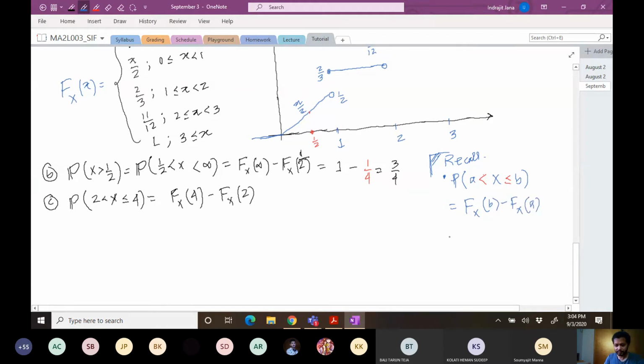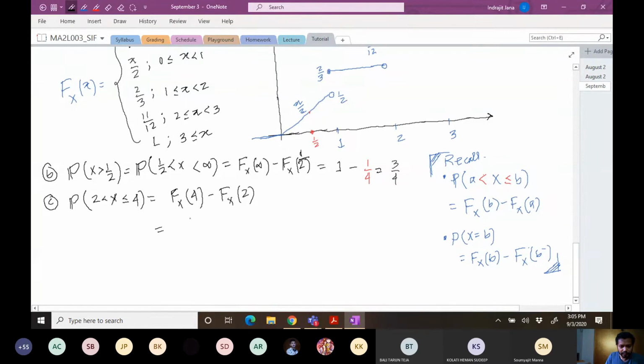This is what we did in the previous lecture. Mark this, where we have strictly less than on the left side and less than or equal to on the right side. The next thing that we did: the probability of X equal to any particular point B is F_X evaluated at B minus F_X evaluated at B minus, which is the left limit of the function. So we're using that thing here.